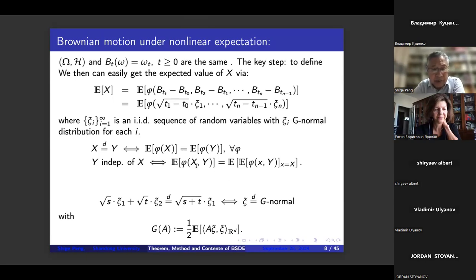Okay, we see also in this setting that in fact the increment of Brownian motion B_t is Gaussian, and this Gaussian also satisfies this relation: square root of s times 1 plus square root of t times 2 is identically distributed like square root of s plus t times 1.